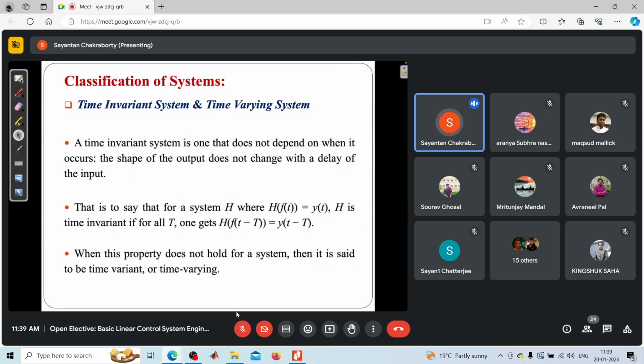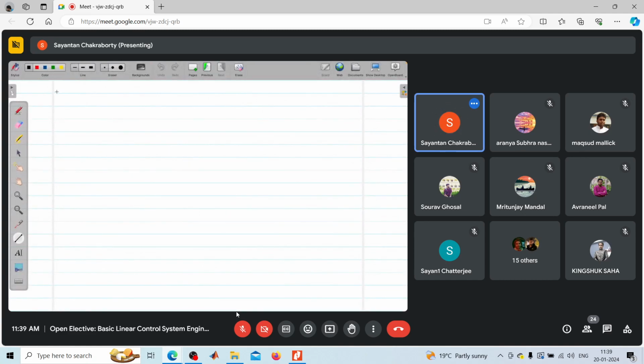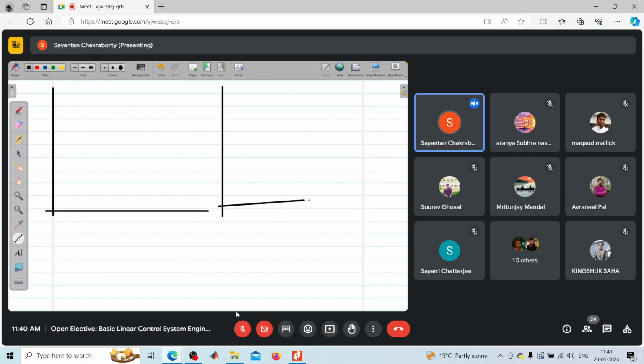How do you define it? Let us take an example. I'll take two systems, and suppose this is your input, a step input I'm giving, otherwise zero. Now, for the first case, system one, when the step input is given at this time, the response is something like this.